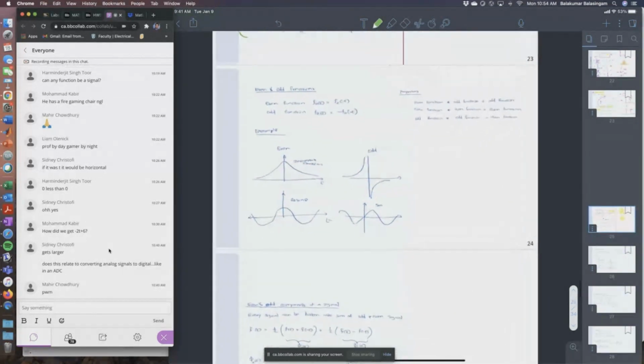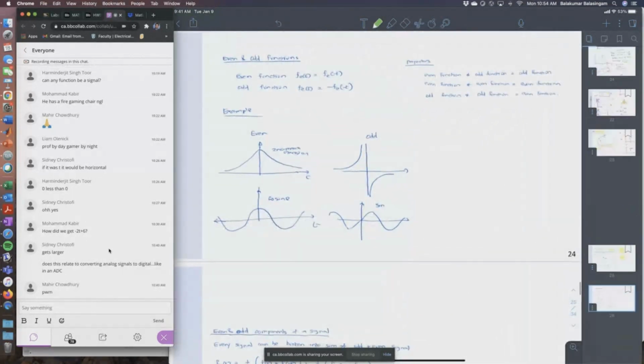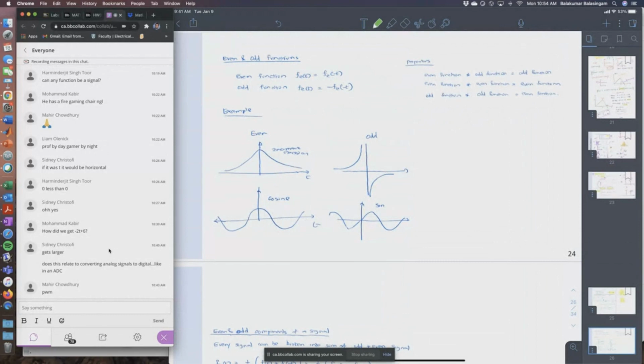Now I'm going to talk about some more functions: even and odd functions. So what is an odd function and what is an even function? This picture tells the difference.